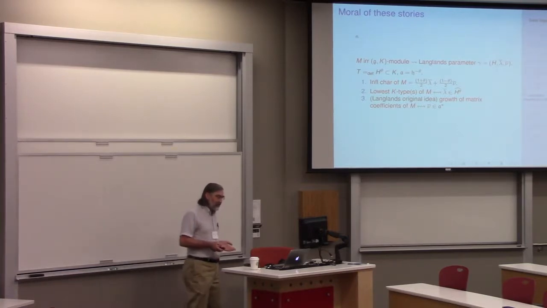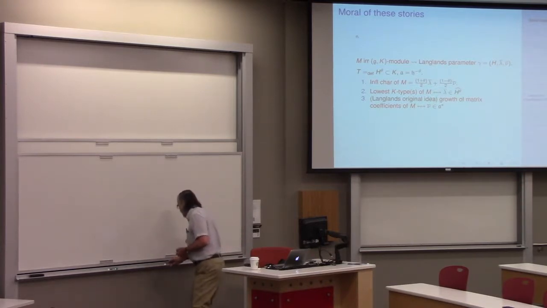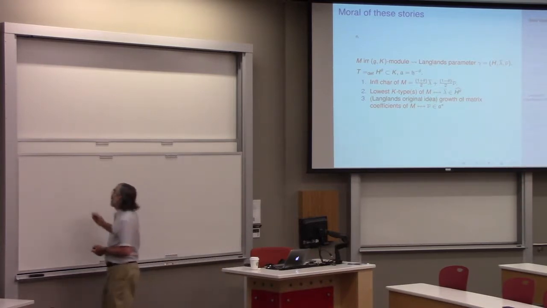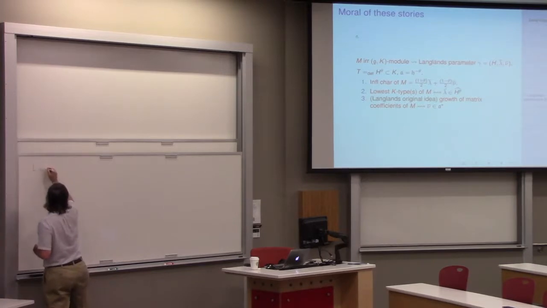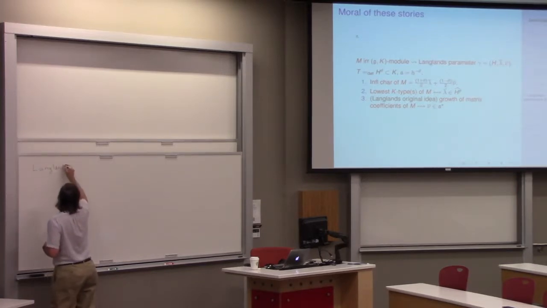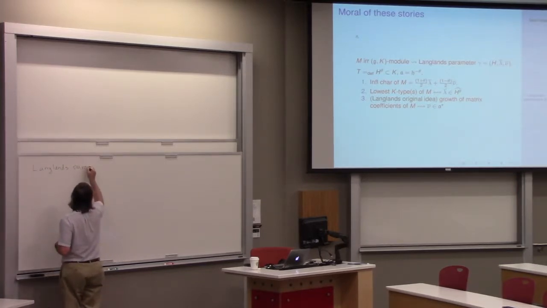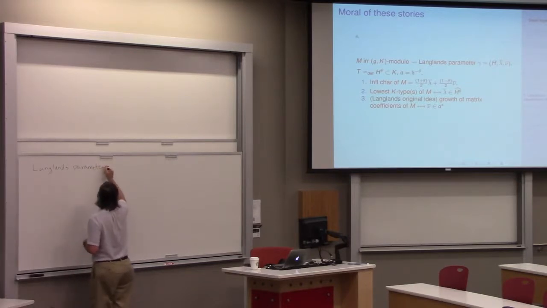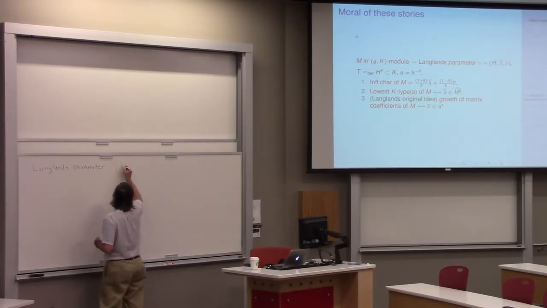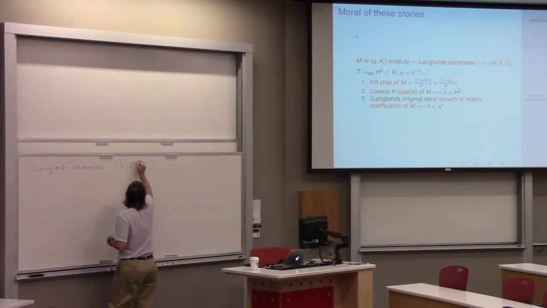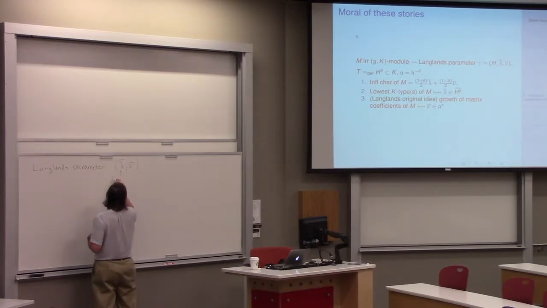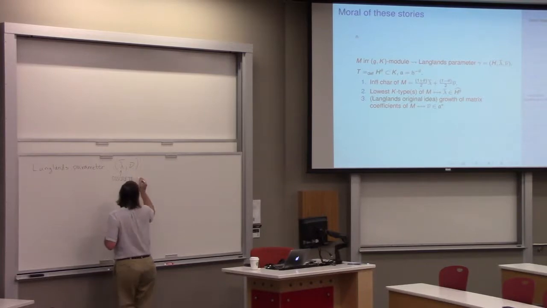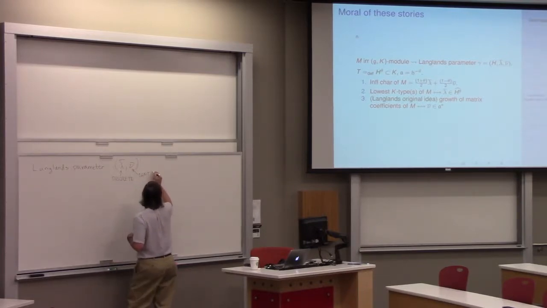So the thing to remember is, I'll write these key points again, that a Langlands parameter has this part of the parameter is somehow discrete, and this part is continuous.